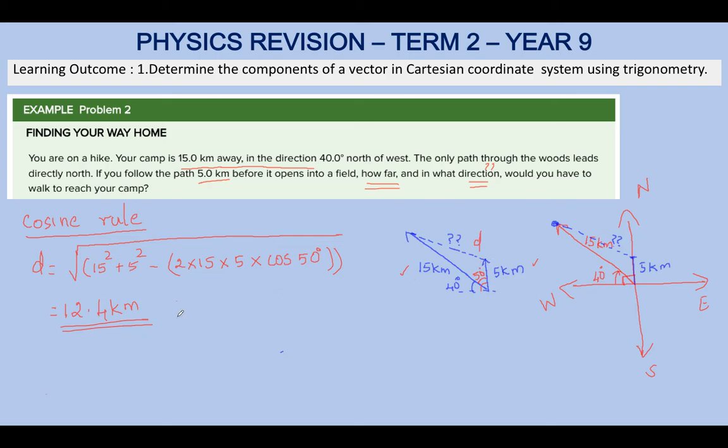For direction, you could use sine rule. You can find the angle by using the opposite sides and opposite angles. So I start with 15 kilometers, and this is the angle that I need to find, right?